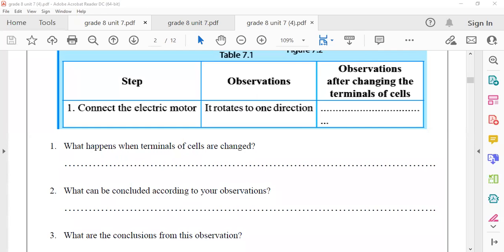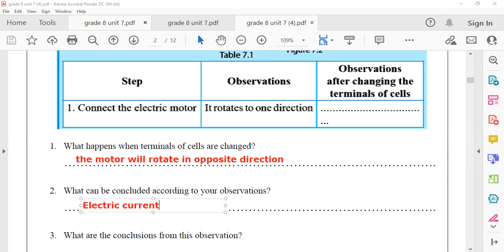Right. So let's answer the first question, my children. What happens when the terminals of the cells are changed? The motor will rotate in the opposite direction. First question answered. What can be concluded according to your observation?